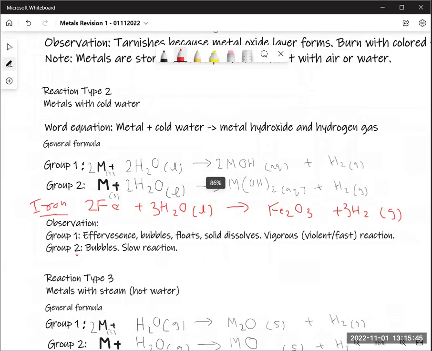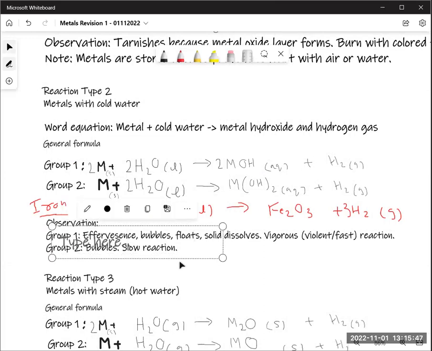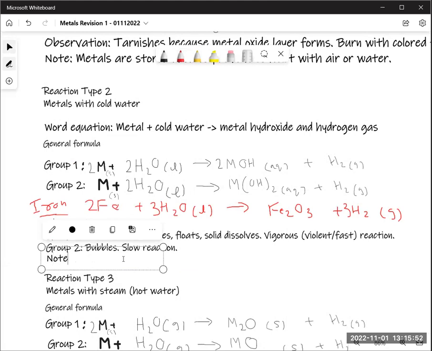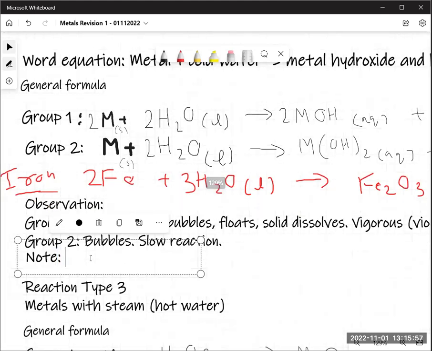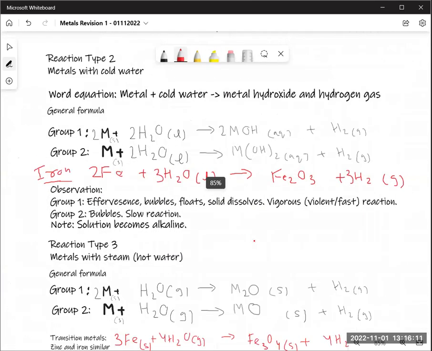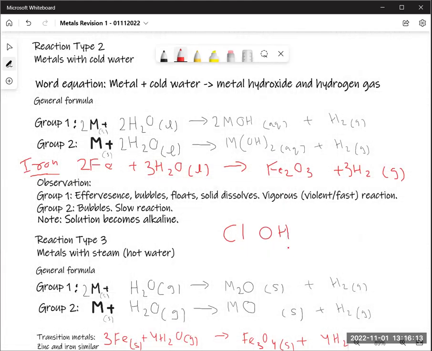So just add one line here as a note if you have space. Solution becomes, okay. So I have a question. If it was a non-metal hydroxide like chlorine hydroxide or something like that, it doesn't exist.